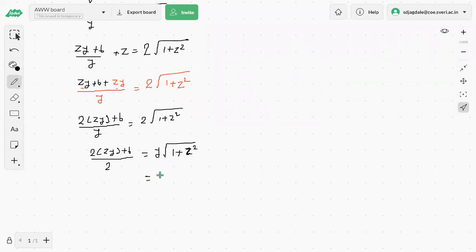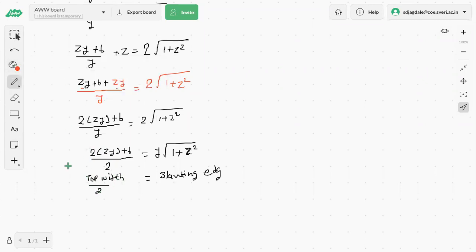It is the slanting edge of the trapezoidal section. And what is this, 2 into zy plus b? This is the top width. So divided by 2 is there. So I would like to write here as top width divided by 2.